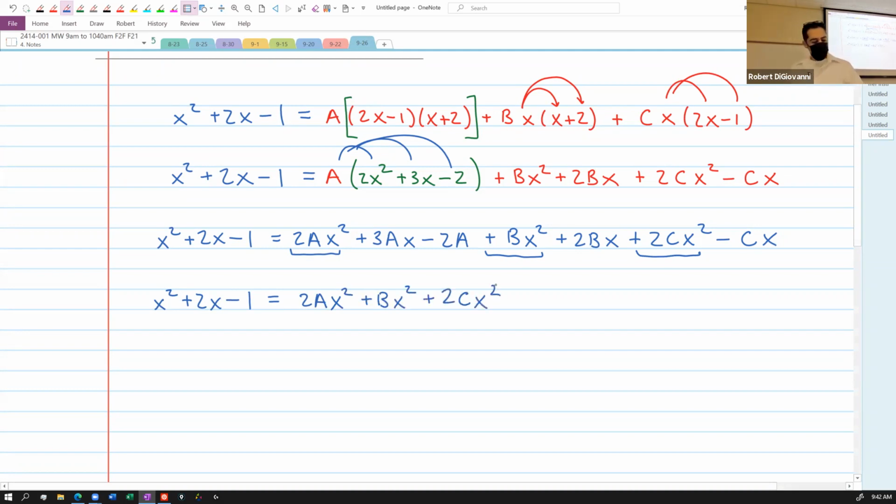So I put all my x squareds together. Anything that has x, I'm going to put those together. So I get plus 3ax plus 2bx minus cx. And then anything that doesn't have x by itself.